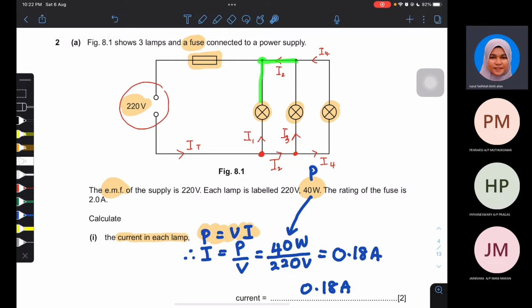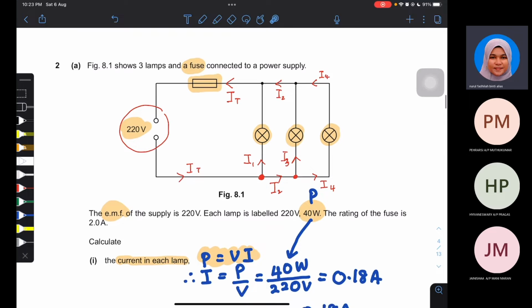I2 meets I1. Jadi dia adds up. So barulah finally dia jadi I total balik. So sebenarnya yang lalu pada fuse actually is the total current. So now, what's the value here? What's the value of the current in each of these?